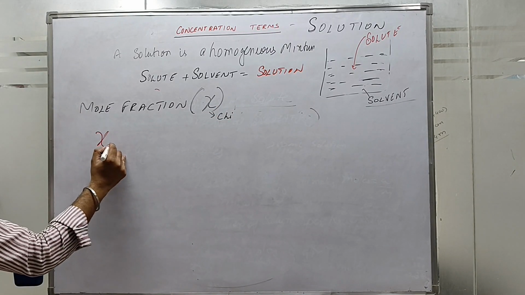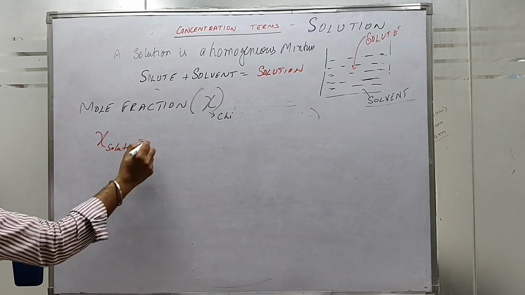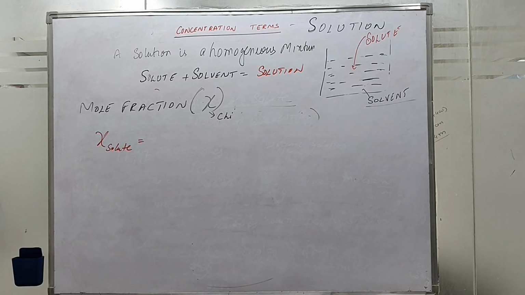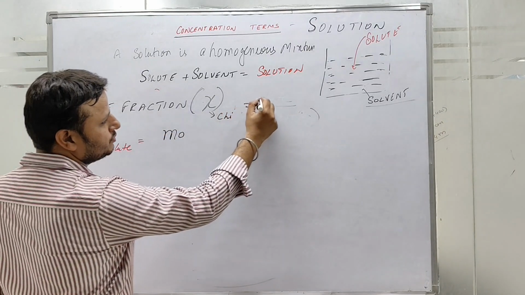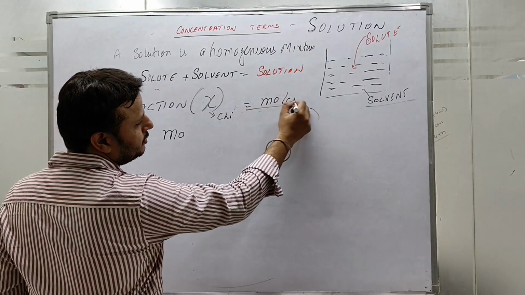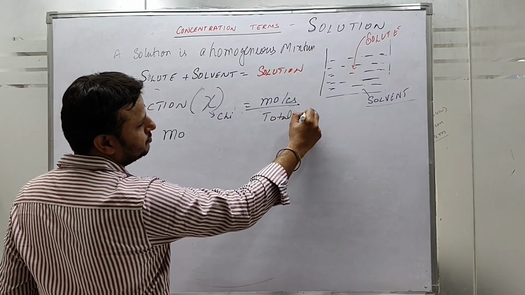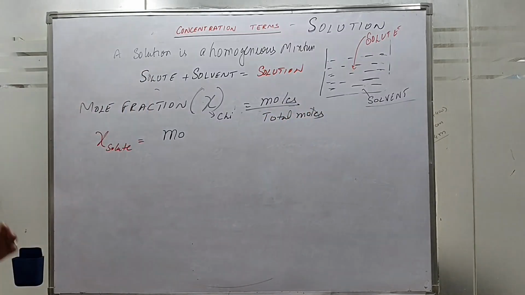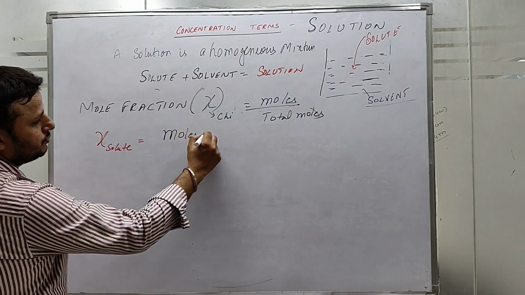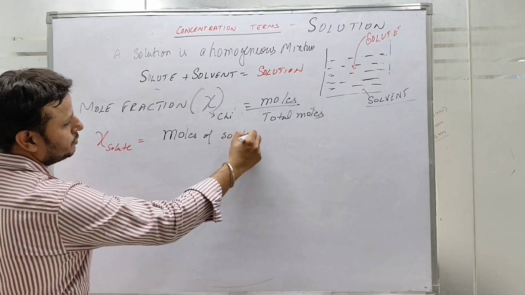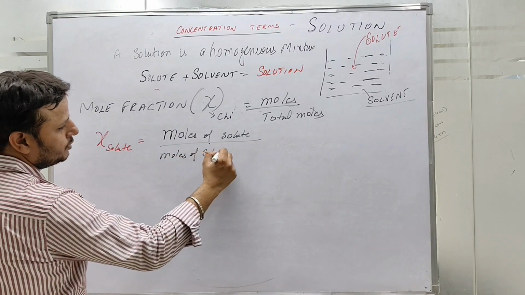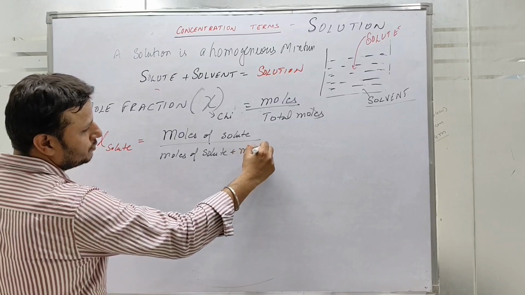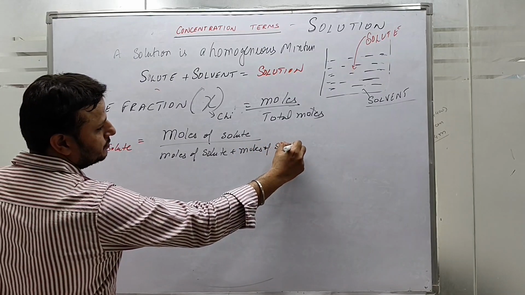Mole fraction of solute is equal to moles of solute divided by total moles, that is, moles of solute plus moles of solvent.